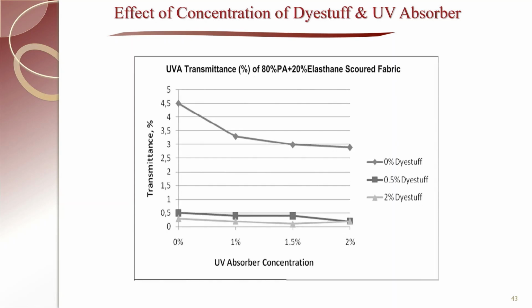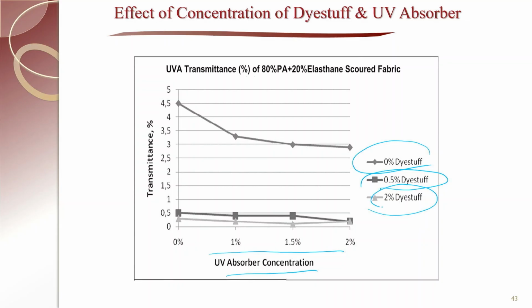Now, let us see the effect of concentration of dye stuff and UV absorber. As the dye stuff concentration increases, the UPF increases. If the concentration of UV absorber is increasing, here we have 0% dye stuff, 0.5% dye stuff and 2% dye stuff.